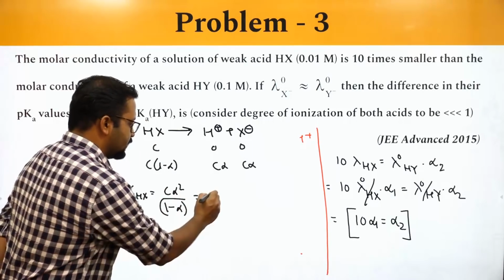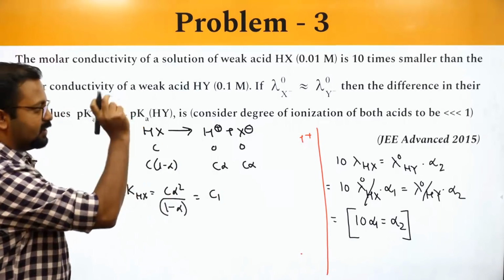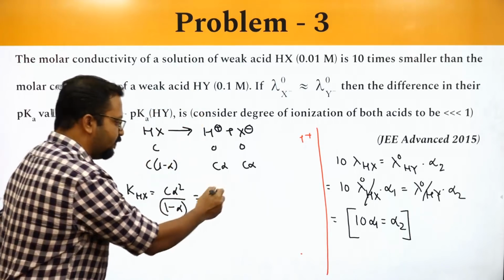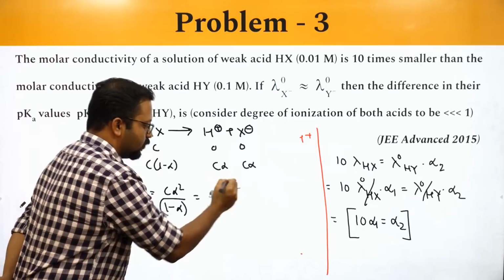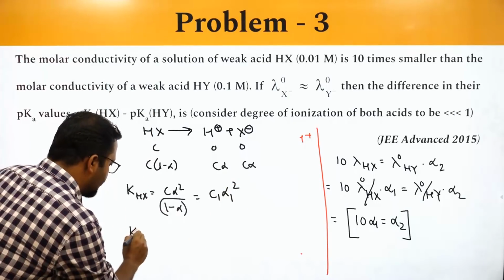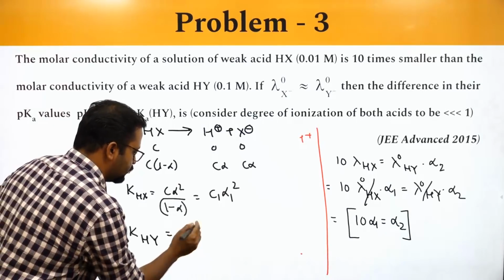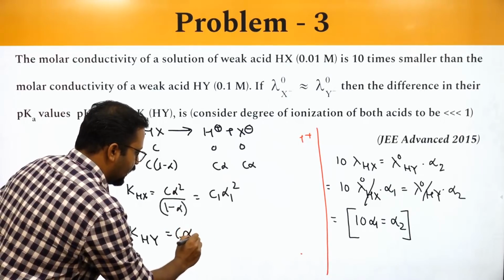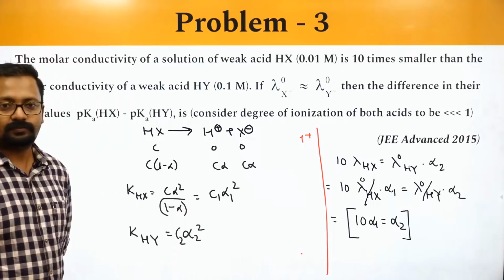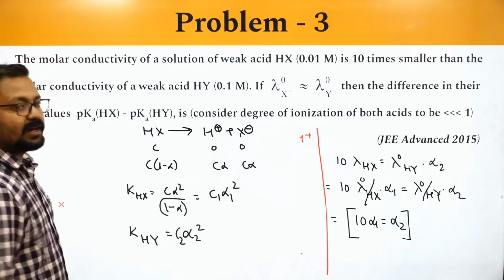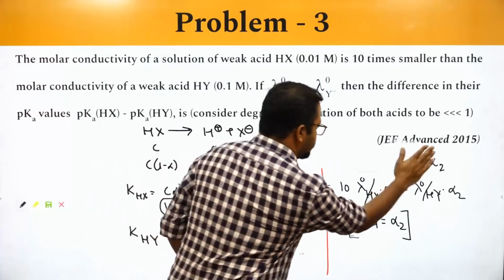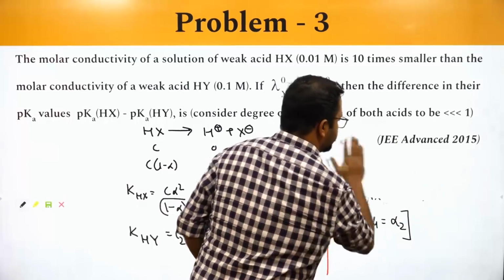So can I write this as C1 alpha 1 square? Let's say the concentration value is given which is different. So similarly K for Hy can be written as C2 alpha 2 square. Okay, दोनों को divide कर देते हैं. Let's divide both of them.